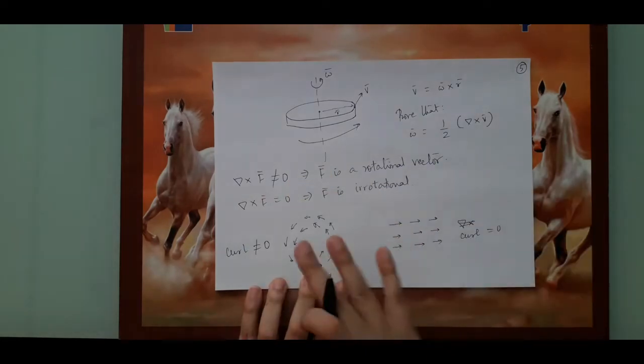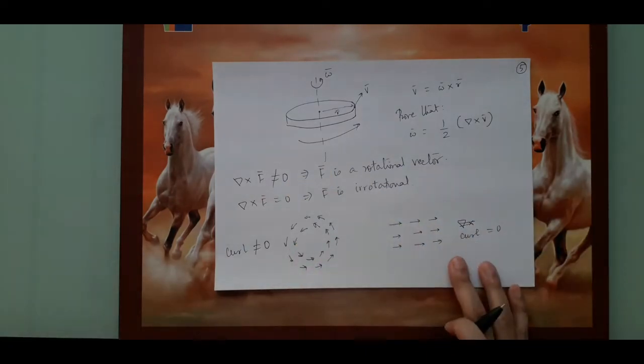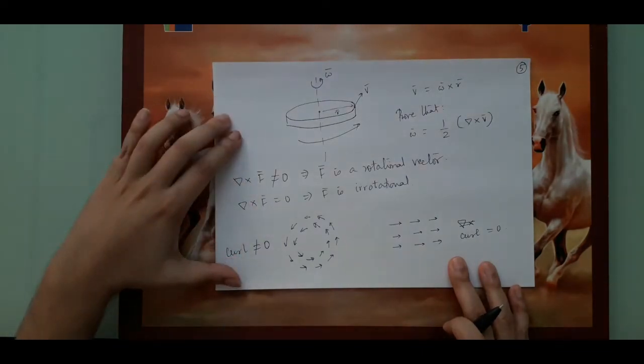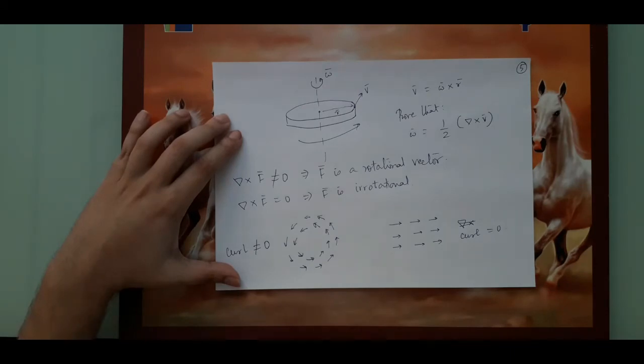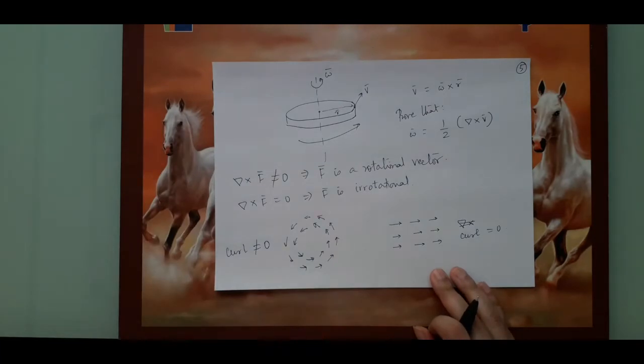So different vector fields, different properties. So the physical implication of divergence and curl should be clear, because these will have direct applications when we are discussing electric and magnetic fields.